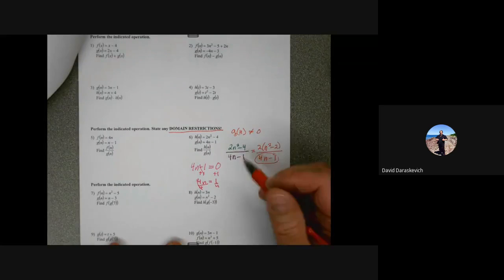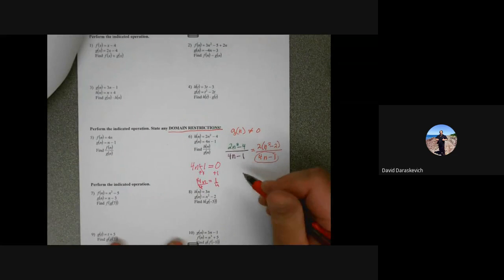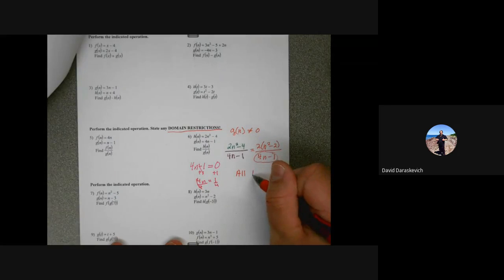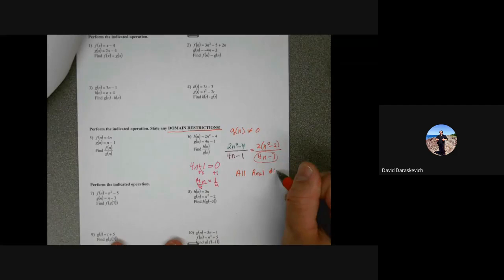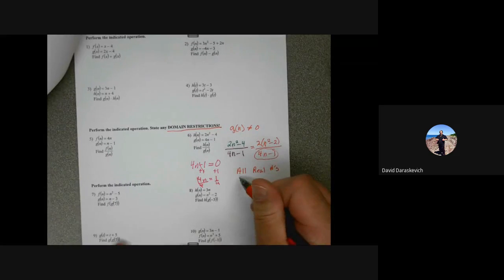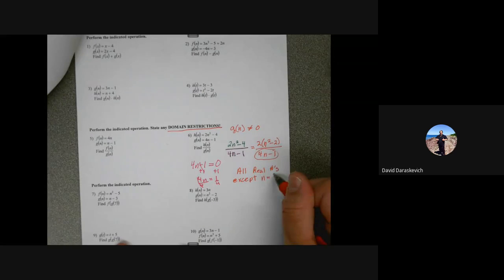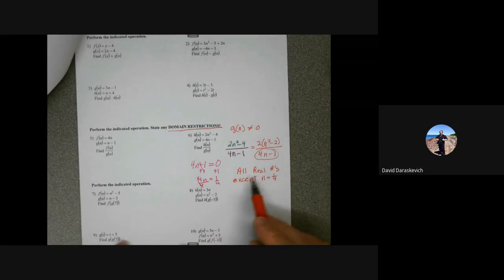So the way I can write this is my domain restrictions is all real numbers except n equal 1/4. Now there's a couple of different ways you can write that.